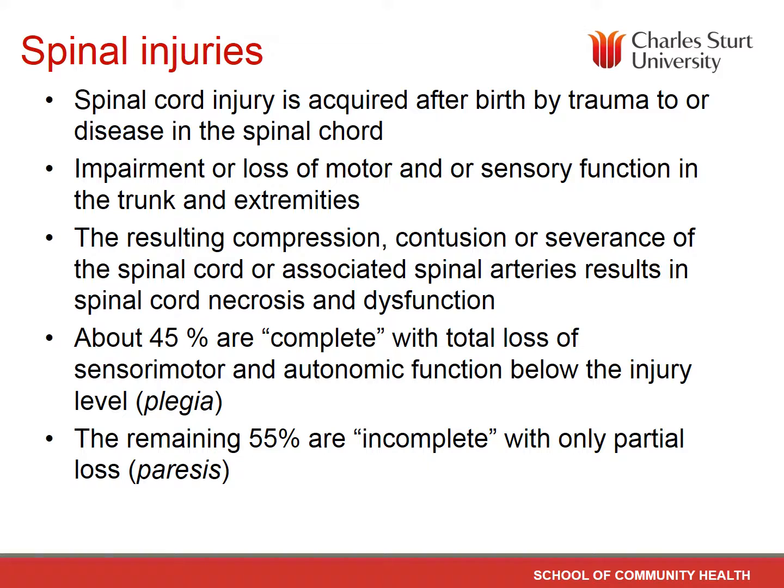But more than half, approximately 55% of spinal injuries, are actually what we call incomplete, with only partial loss. In these instances, we call them paresis. So we might have tetraparesis or paraparesis. There'll still be some spinal nerves that have survived the area of damage.